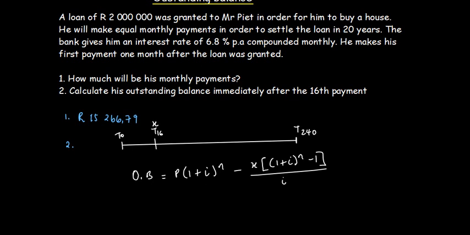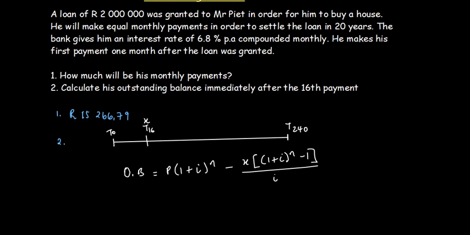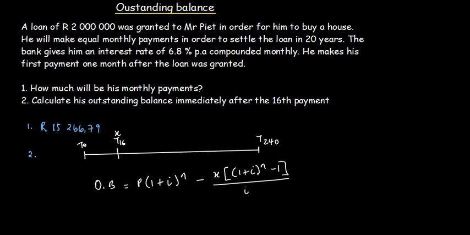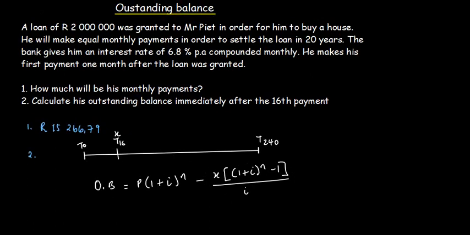Alternatively, you could use the present value formula, which is x into (1 minus (1 plus i) to the power negative n), divided by i. So you could use any of the two.